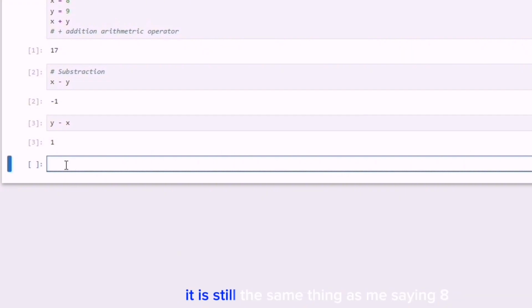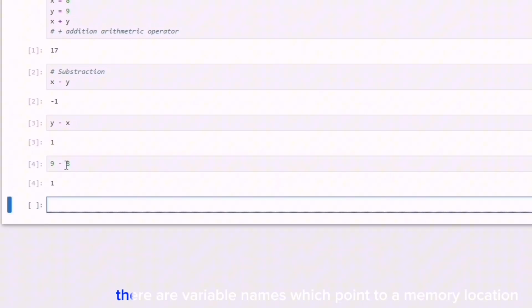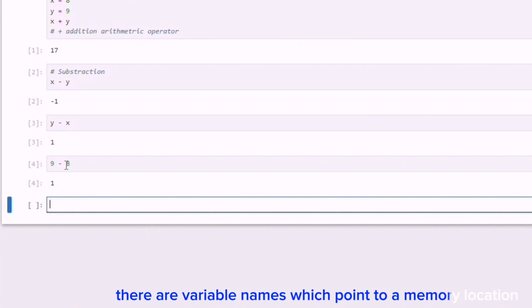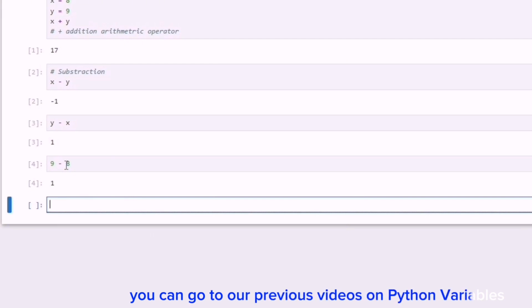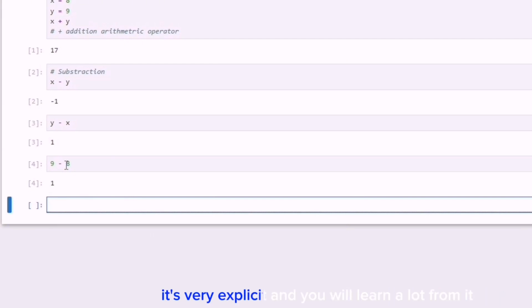So it is still the same thing as me saying 9 minus 8. They are variable names which point to a memory location. If you really want to know more about variables in Python, you can go to our previous videos on Python variables. It's very explicit and you will learn a lot from it.